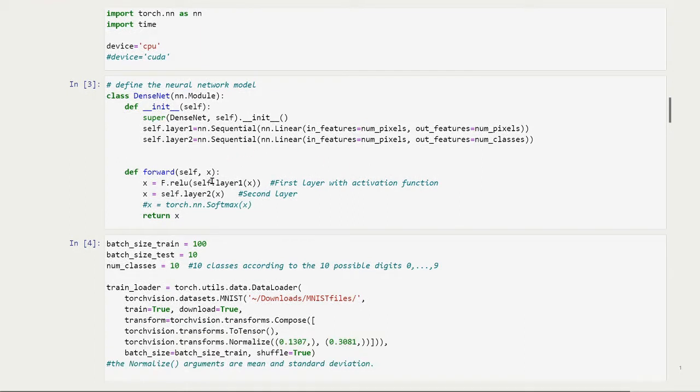This time we are using a ReLU activation function after the first layer, and then we have the second layer and we return its output.